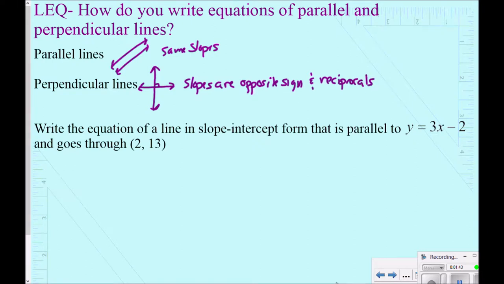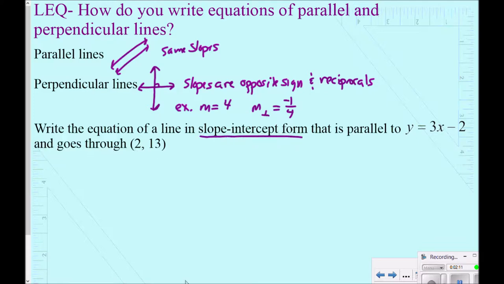And again, this is review. So for example, if the slope of one line is 4, the slope of the perpendicular, and that's the notation we would use using the perpendicular symbol, slope of the perpendicular would be the reciprocal 1/4, but the opposite sign, so -1/4.